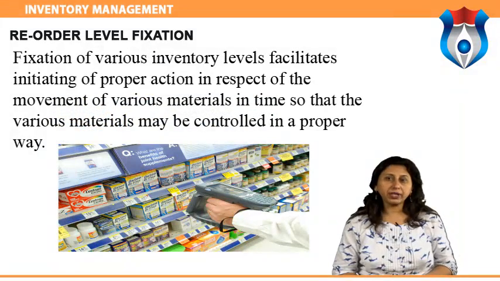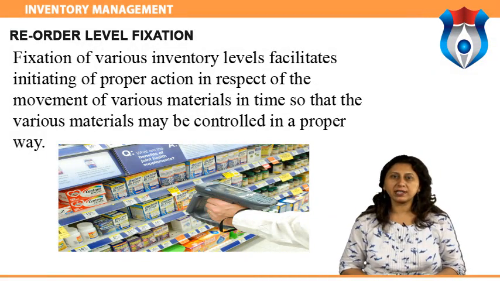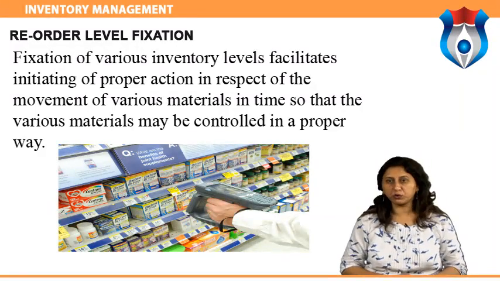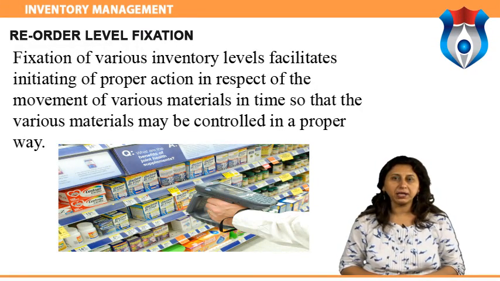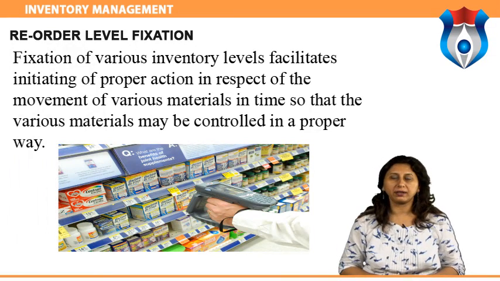Let's talk about reorder level fixation. Fixation of various inventory levels facilitates initiating proper action in respect of the movement of various materials in time so that the various materials may be controlled in a proper way.